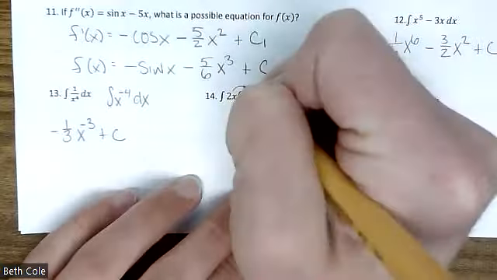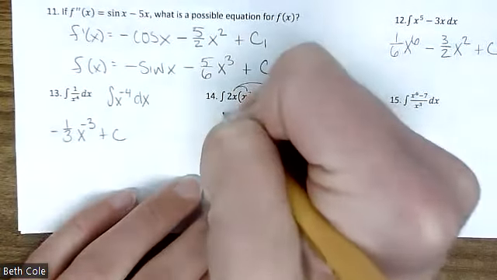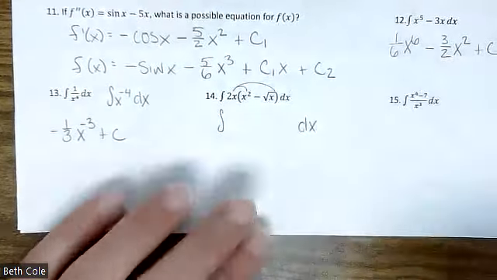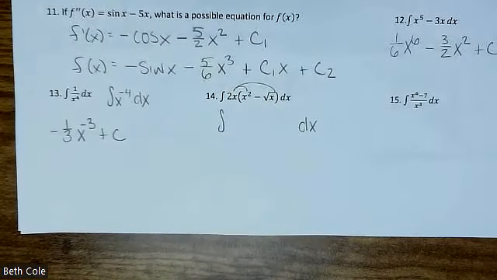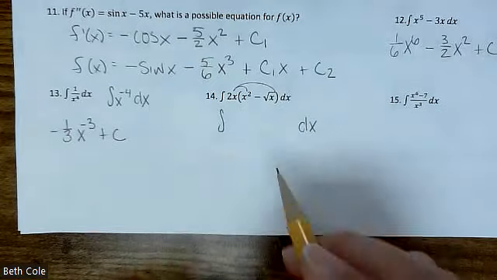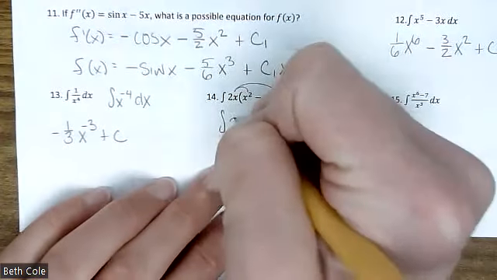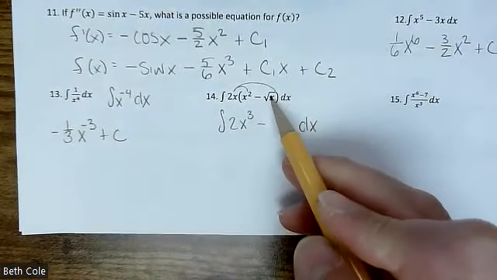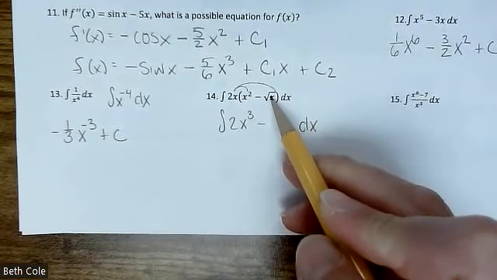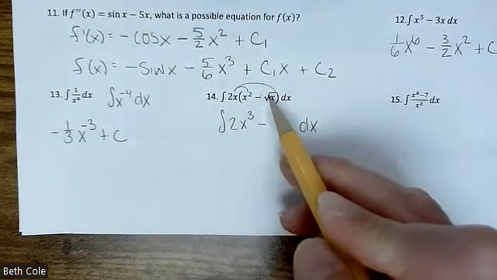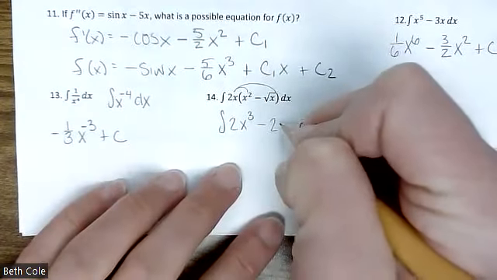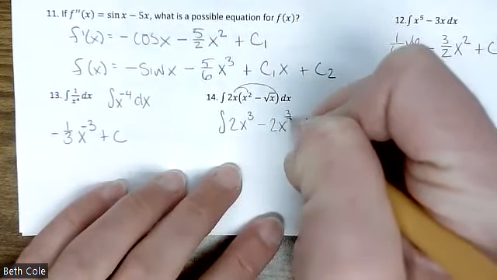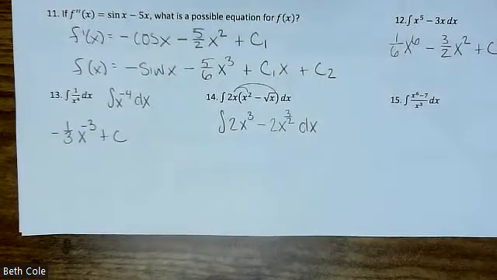This one, I'm going to distribute the 2x through there before I do the problem. So if I'm not doing the problem, I'm going to keep the integral and keep the dx. We're just rewriting it. If you distribute, that would give you 2x cubed minus, now this is x to the 1/2, so 2x times x to the 1/2 would be 2x to the 1.5, which would be 3 halves.